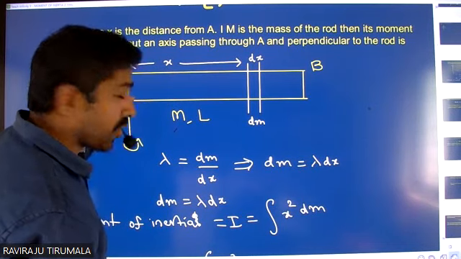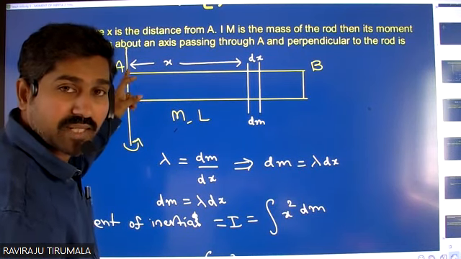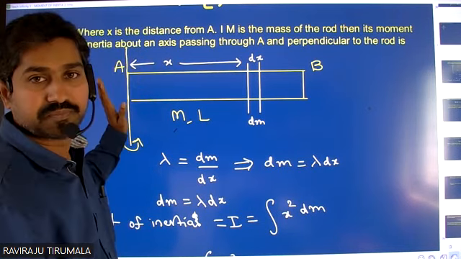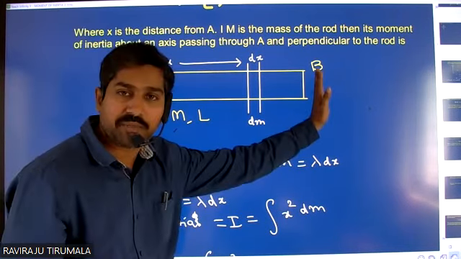So what is the x value at point A? We have taken the distance from point A only, so the x value at point A is 0. What is the x value at point B?